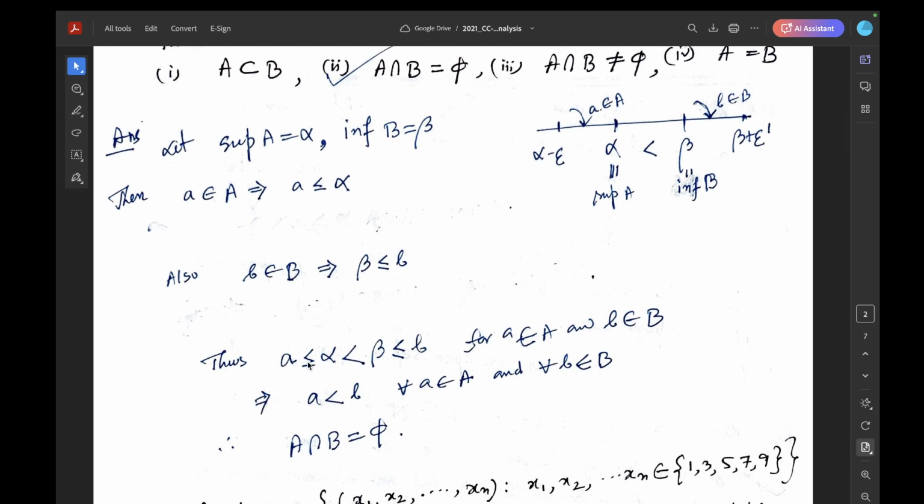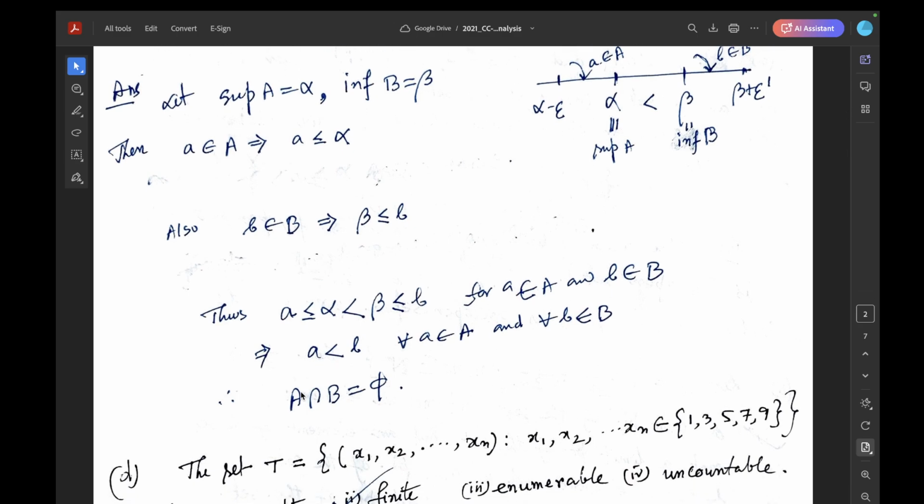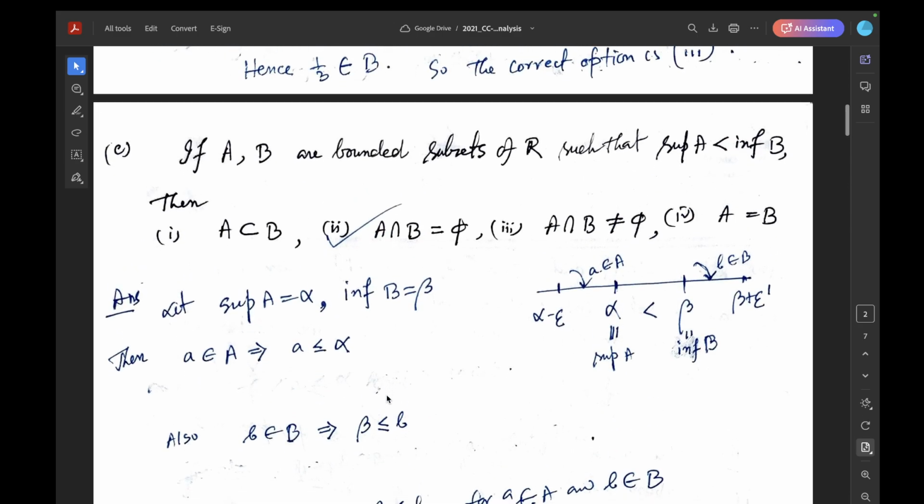Thus, a is less than or equal to alpha, which is less than beta, which is less than or equal to b. Then a is less than b for a belonging to capital A and b belonging to capital B. Then A intersection B equals phi. The correct option is 2.